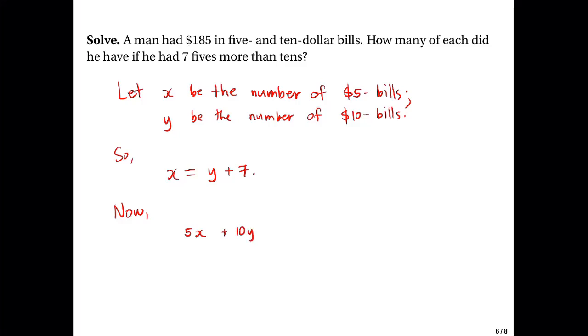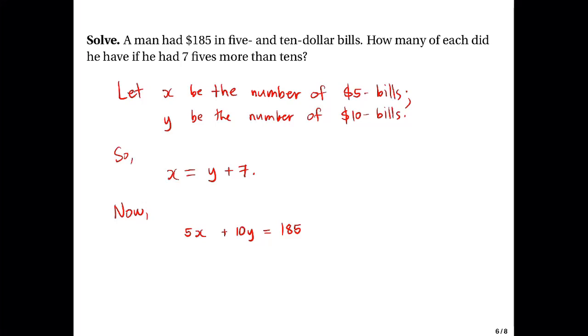So, 5x plus 10y, this is equal to 185. So 5 came from the fact that it's $5 and 10 came from the fact that it's $10. So the number of $5 bills, that's your x, multiplied by 5, is the total contribution of the $5 bills. And then 10y is the total contribution of the $10 bills.